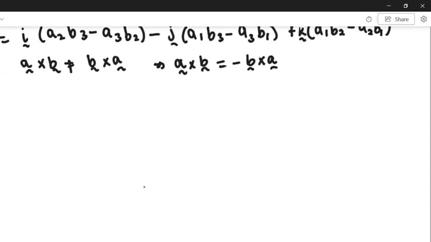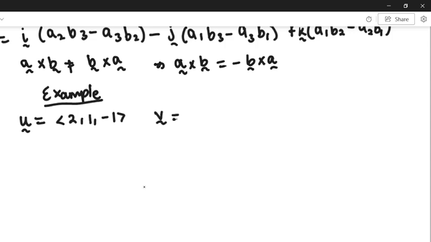So let's handle a practical example so that you can see what happens. We have vectors u and v. You can use anything you want. Our vector u is 2, 1, negative 1. Our vector v is negative 3, 4, 1.